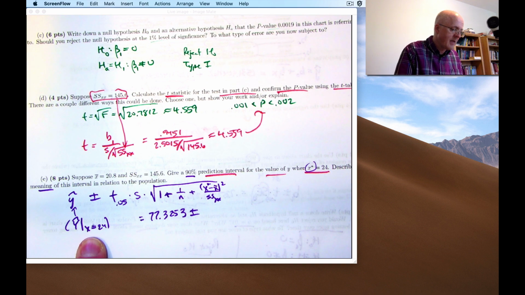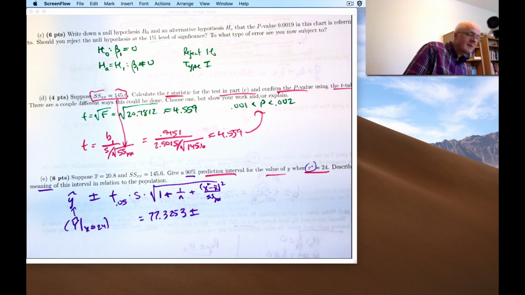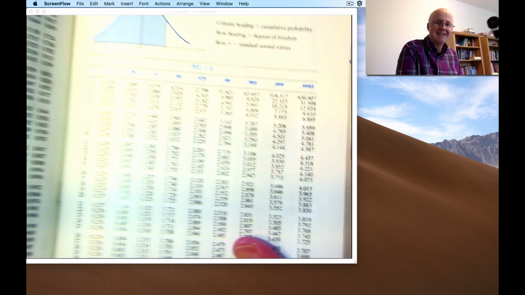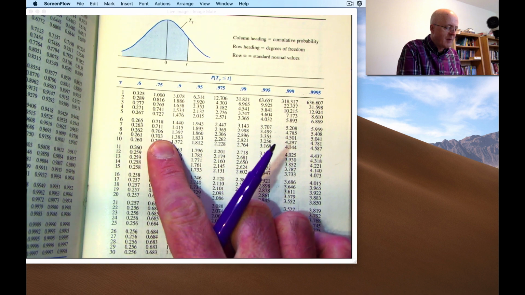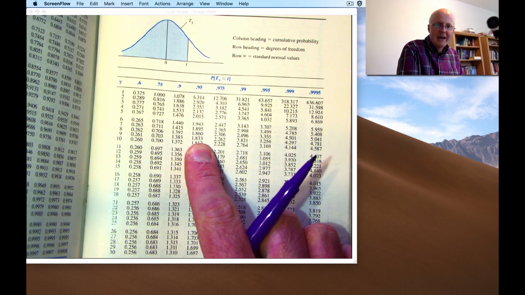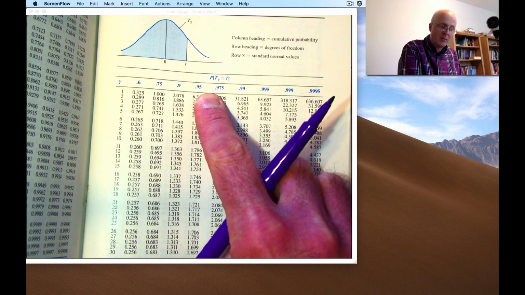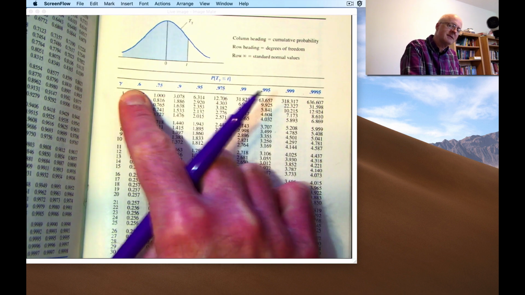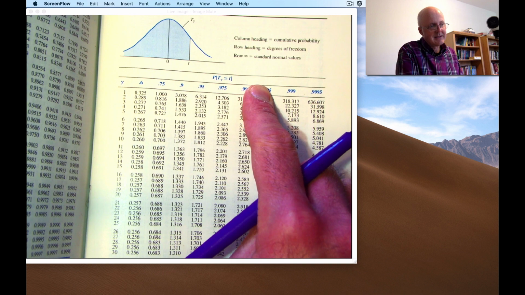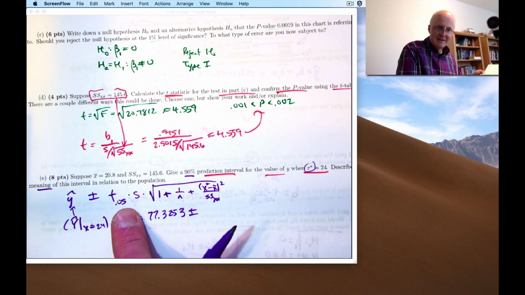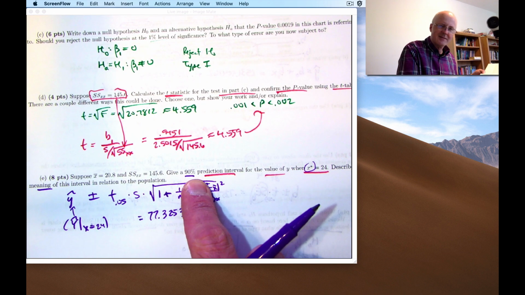24. T sub 0.05, again based on 8 degrees of freedom, n is 10, so df is 8. 0.05 is the 1.833 because you got a 0.95 area to the left, therefore 0.05 area to the right. I got the 0.05 by taking the alpha 10% and dividing it by 2.